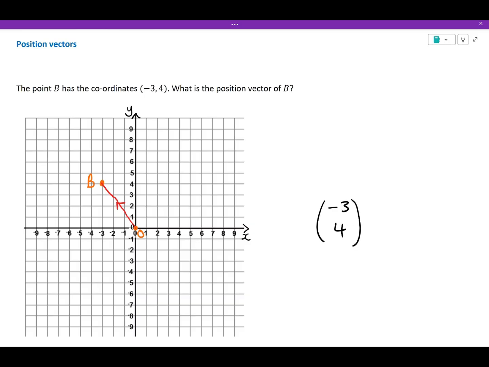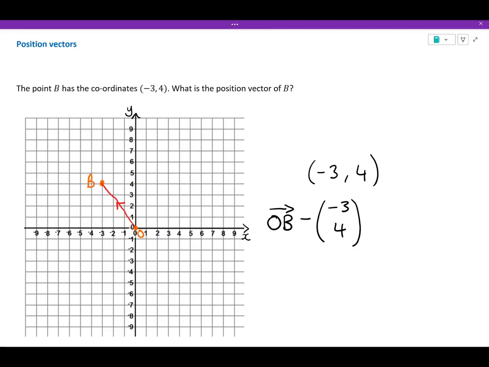So hopefully you will see how it's directly linked to coordinates because we're always going from the origin. If you have the coordinates -3, 4, our x coordinate is our horizontal component, and our y coordinate is our vertical component. And the notation that we use for a position vector, because it always starts at O, is O to B with an arrow going like that.